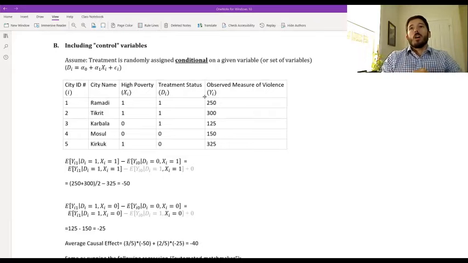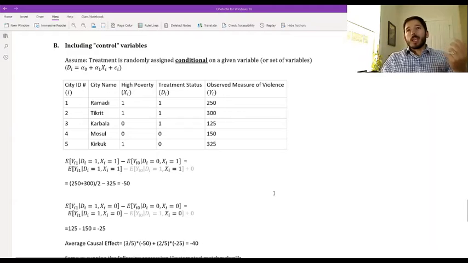As long as we're looking at a narrow enough subsample of the population, then it's as if we've got a coin flip for who's treated and who's not treated. The key piece is that we're observing these variables, so that once we condition on them, we've got random assignment or something that looks like random assignment.